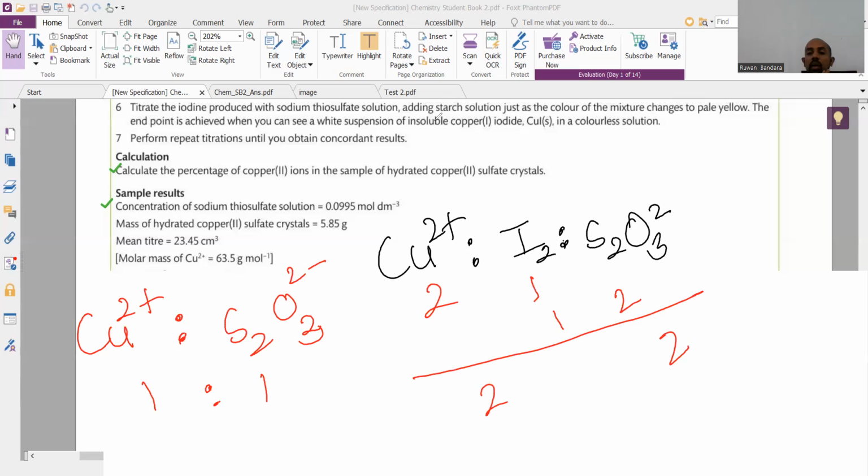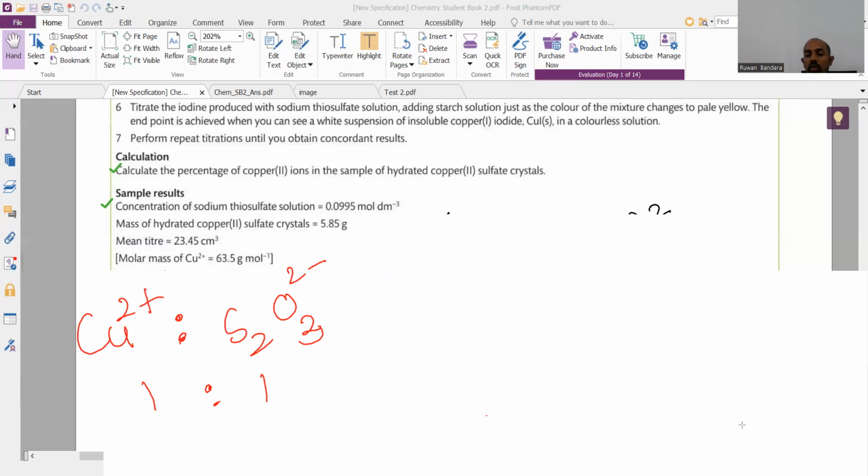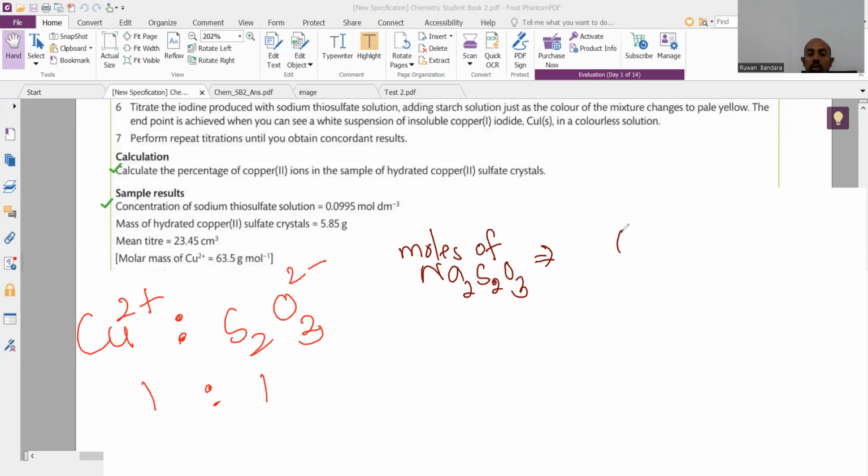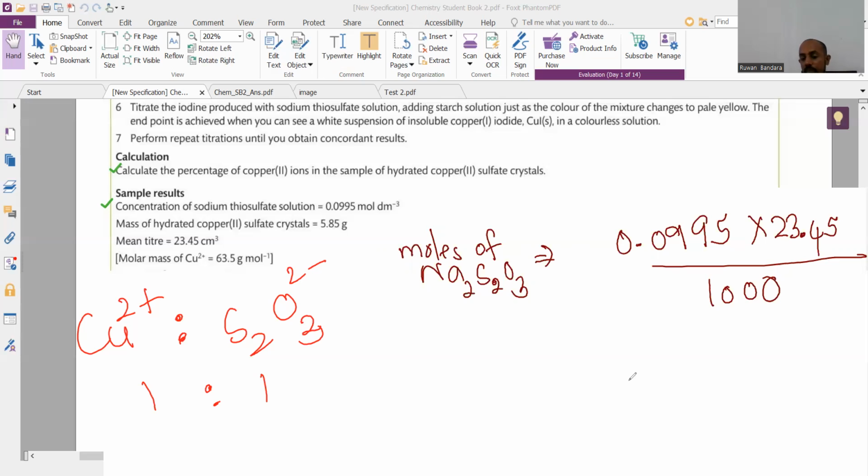So first, as the first step, we can find the moles of sodium thiosulphate. Moles of Na2S2O3, that is 0.0995 into 23.45 divided by 1000.